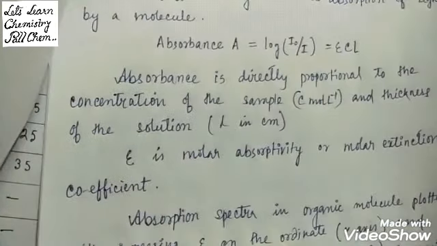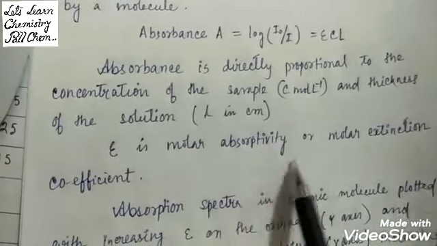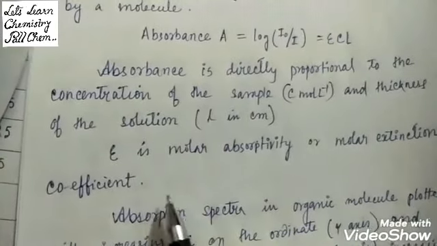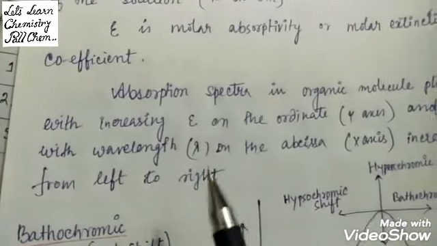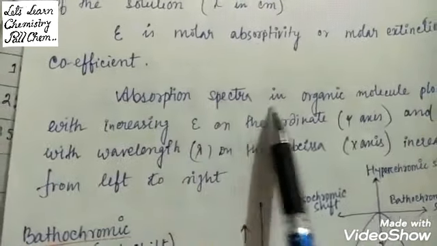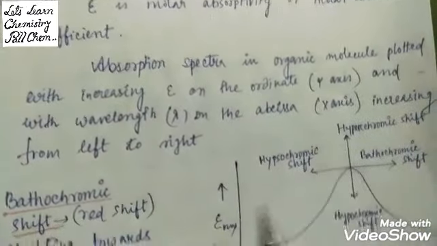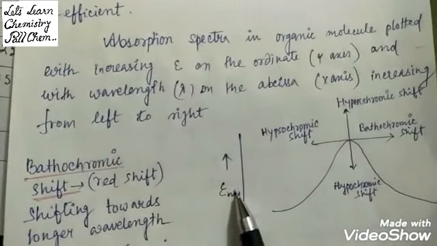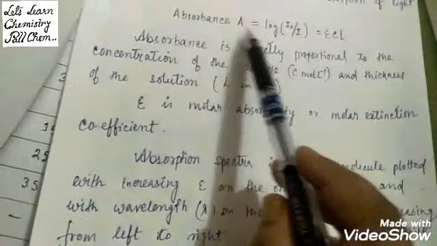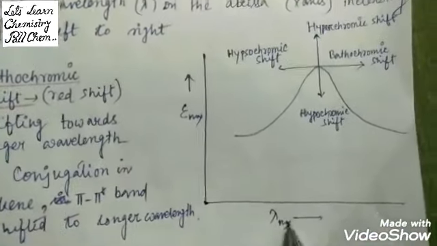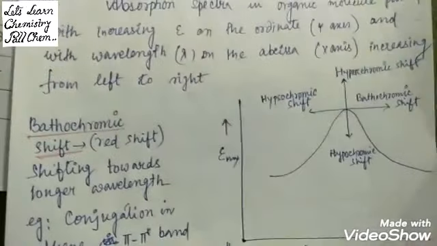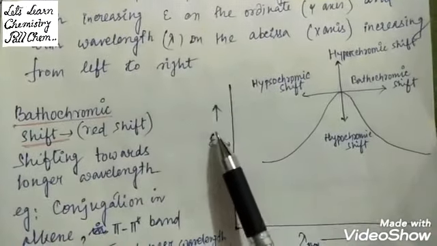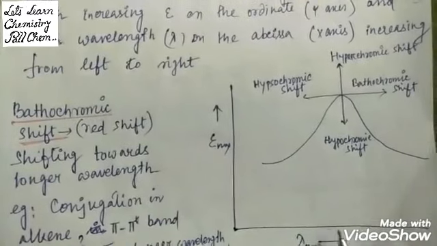So epsilon is the molar absorptivity or molar extinction coefficient. In organic compounds, where electronic spectroscopy is measured, the absorption spectrum is plotted with epsilon on the y-axis and wavelength on the x-axis.